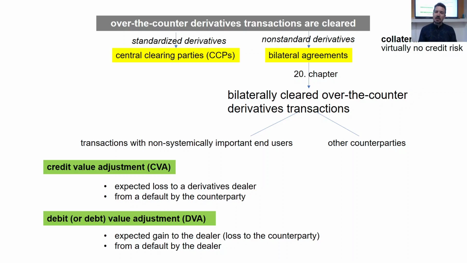So practically these over-the-counter derivative transactions will be assessed in this session. So what happens if they are bilateral, and how can we calibrate the related risks? First of all, this is happening between non-systematically important end users and other counterparties.